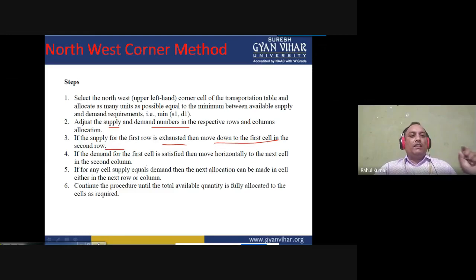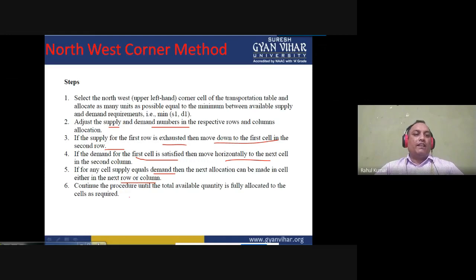If the demand of the first cell is satisfied, then move horizontally to the next column. If for any cell supply equals demand, then the next allocation can be made in either the next row or column.